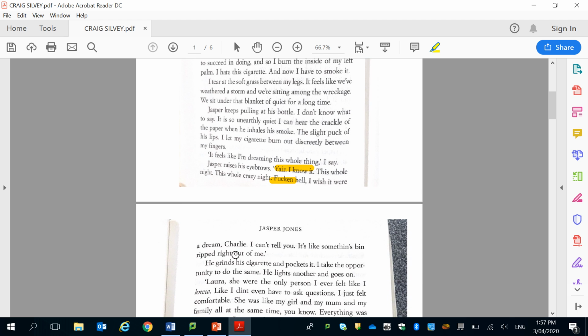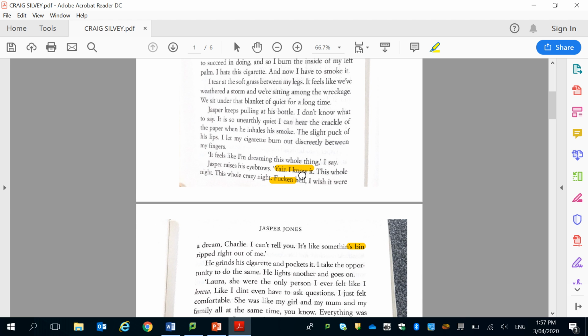He says, I wish it was a dream, Charlie, I can't tell you. It's like something been. Okay, so we've got the abbreviation there, and we've got the mispronunciation of the word been, and he pronounces it bin. So his accent comes out in his voice there as well.